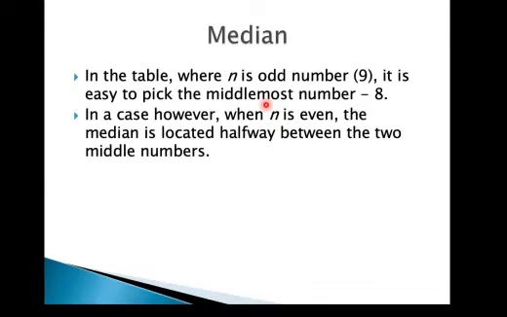In a case, however, where n is even, the median is located halfway between two middle numbers. So if n is even, there are two middle numbers, and then the median is located halfway between these two middle numbers.